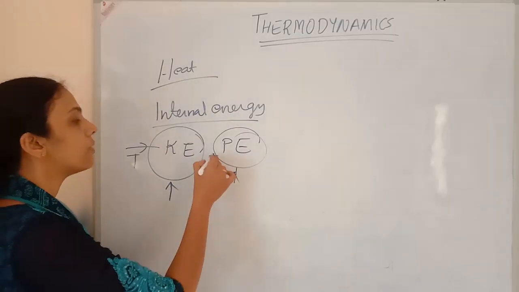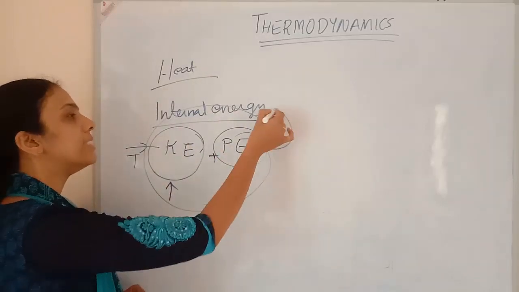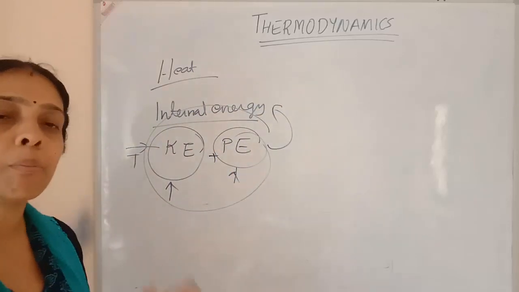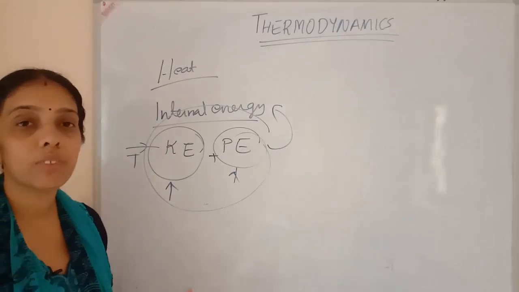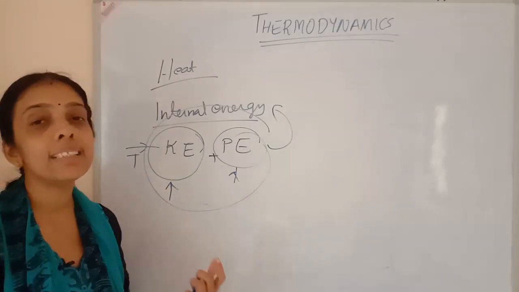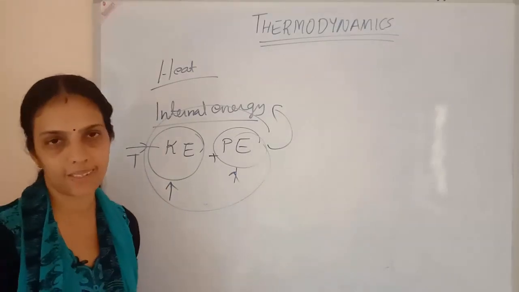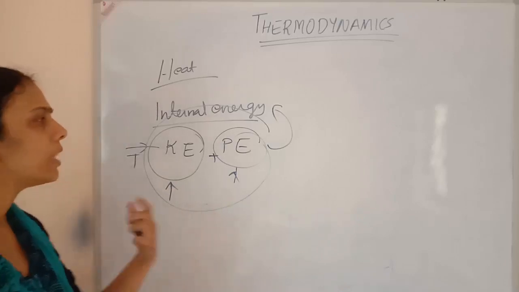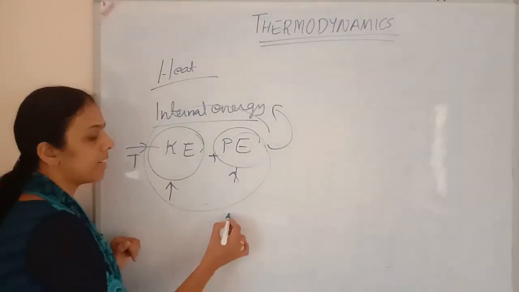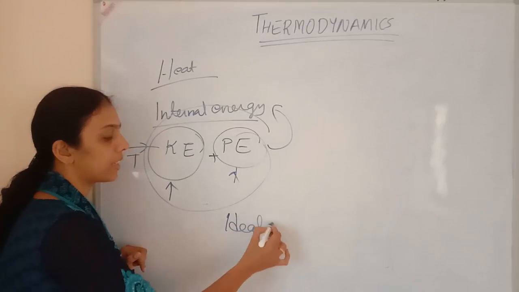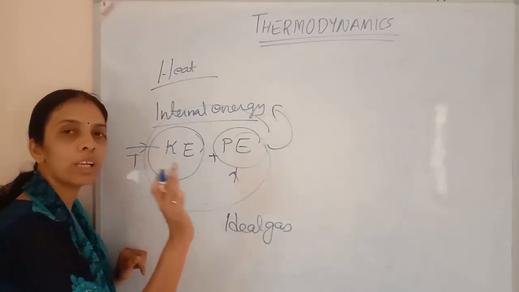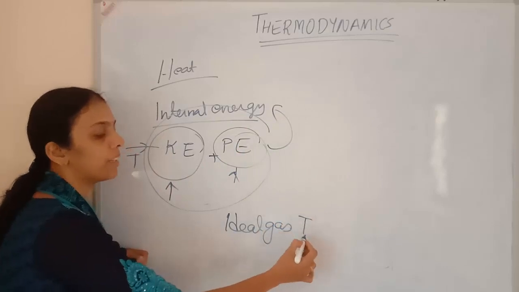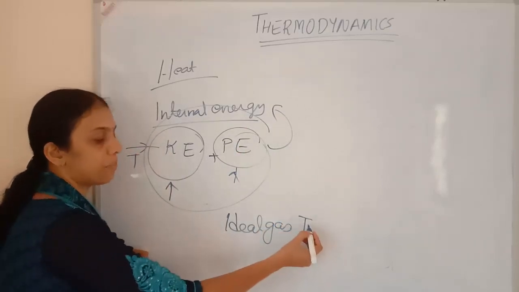So the sum of these two is called internal energy. The sum of internal potential energy and kinetic energy of the system is called the internal energy of the system. If I am considering an ideal gas, its internal energy depends only on temperature.